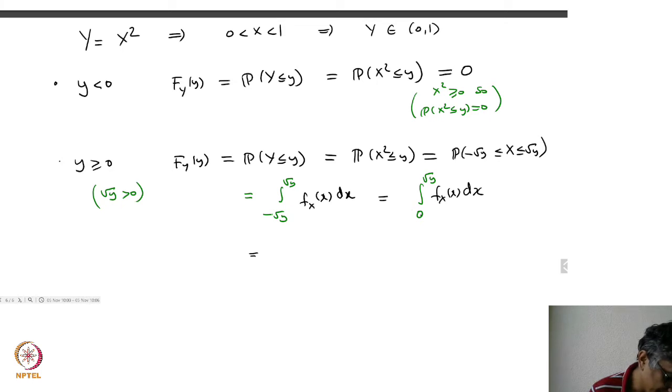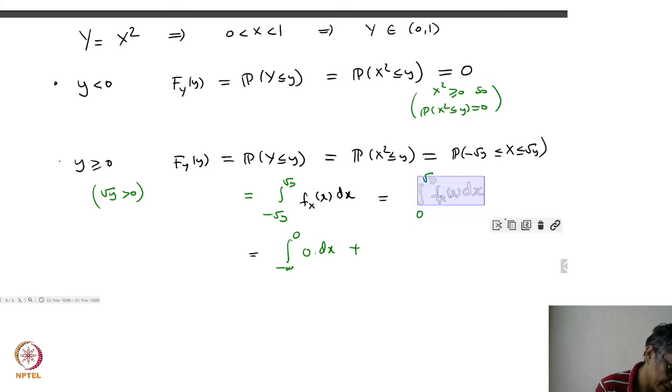I can do it in many ways. If you look at this expression right here, I can just tag along the integral from minus infinity to 0 of 0 dx. Plus this part right here.